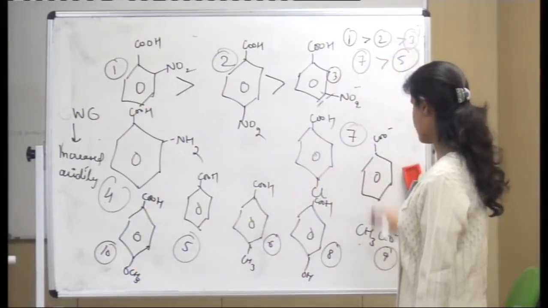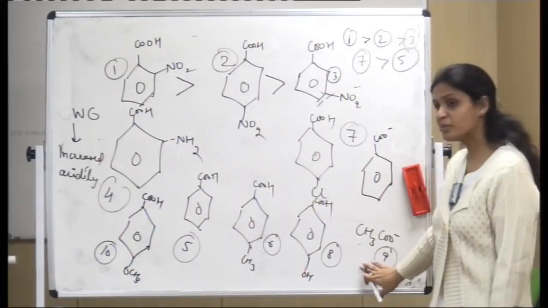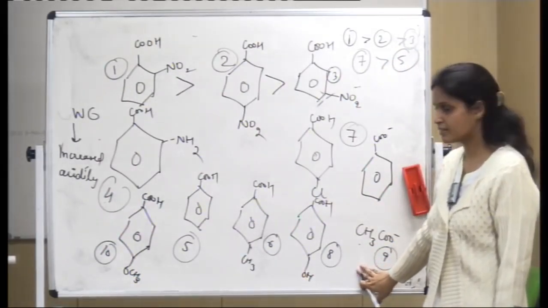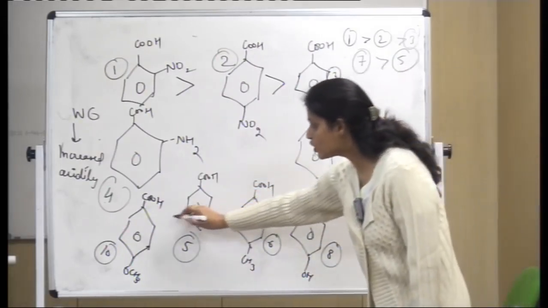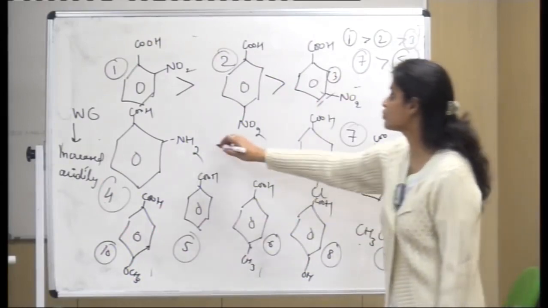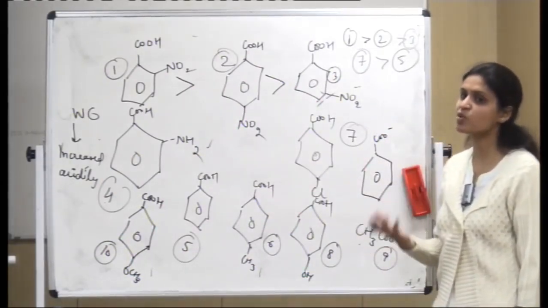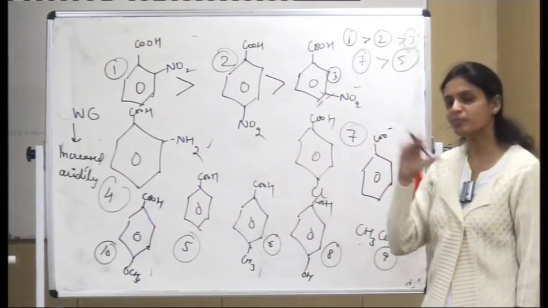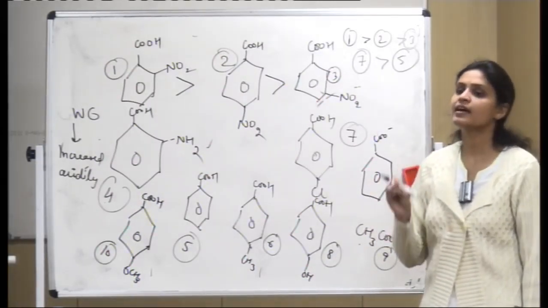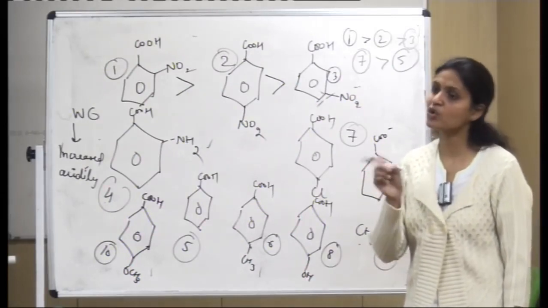Then why 9? 9 would be the least, right? What about if I want to compare the OCH3 and CH3 and amino group? Out of these, which is more electron donating? On the basis of that, I can decide that anything which is a weak electron donating group will have strong acidity.